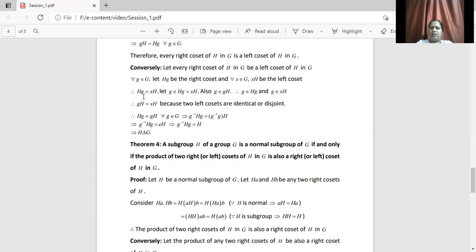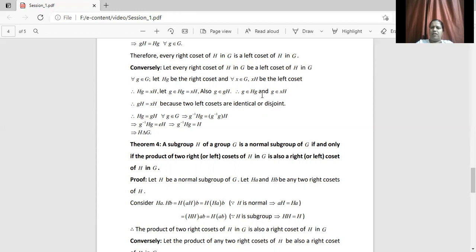Because Hg is equal to xH, when g belongs to Hg, we can say g also belongs to xH, and g belongs to gH, because every right coset of H in G is a left coset of H in G. Therefore, g belongs to Hg as well as g belongs to xH, because Hg is equal to xH.